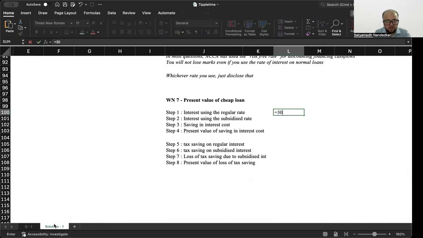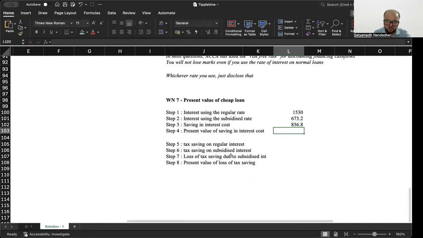So 30,600 into 5%. And what is interest using the subsidized rate? Interest using the subsidized rate is 30,600 into 2.2%. Okay. What is the saving in interest cost? 856.28.